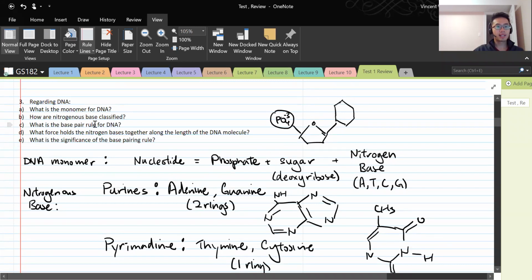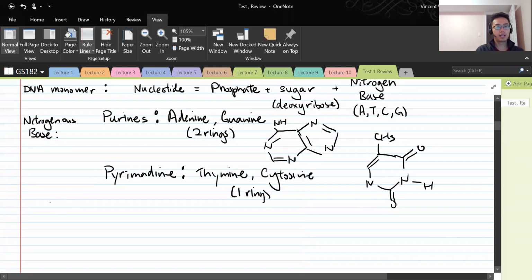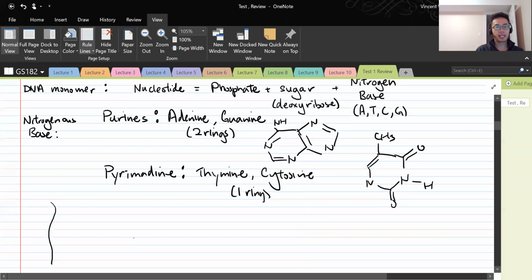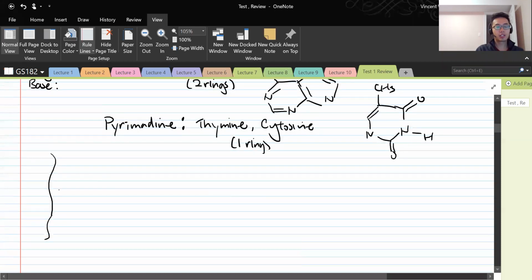Part C. What is the base pairing rule? If you have a strand of DNA, as you know, it's double-stranded. So if one side is A, T, C, G, what's it going to be on the other side?